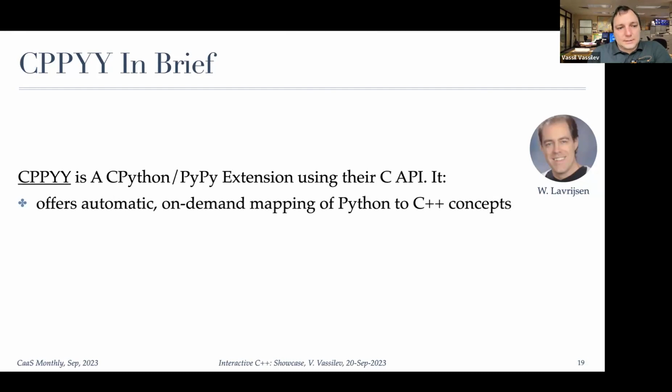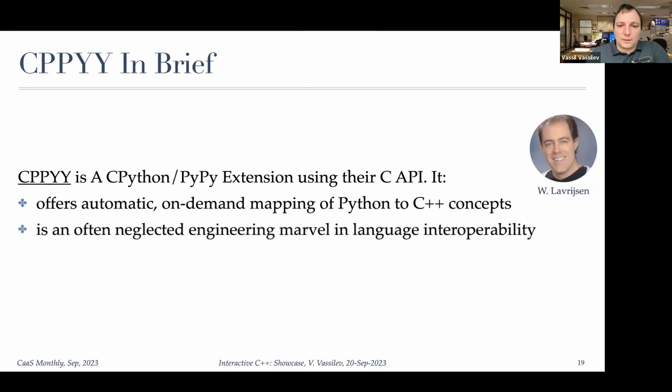It offers, as I mentioned, automatic on-demand mapping between C++ and Python concepts. So we literally map, for example, unique pointers to how this is done in C++, in Python, and so on. So we really think about semantics. And for better or worse, it's often neglected, but I think it's an engineering marvel in language interoperability.